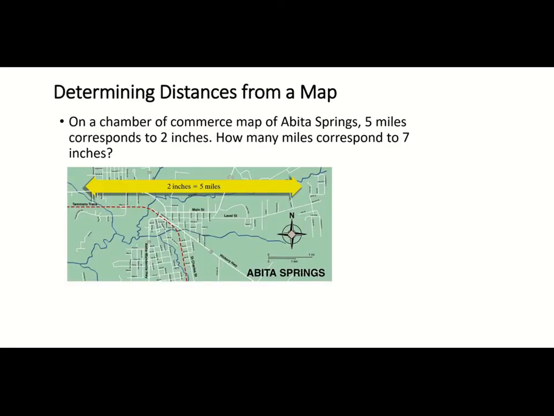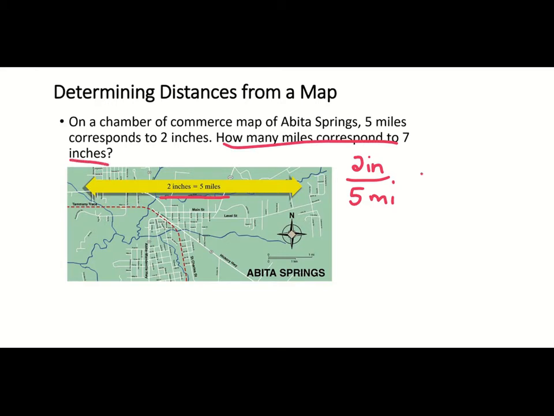All right, so here we're looking at scale models on a map. We know that the scale of the map, because it's given to us, is 2 inches on the map equals 5 miles. We can write that as a ratio: 2 inches is equal to 5 miles. Then they want to know how many miles correspond to 7 inches.